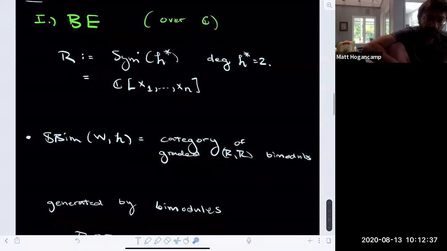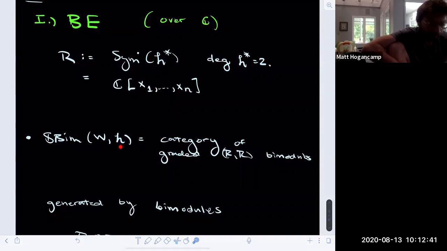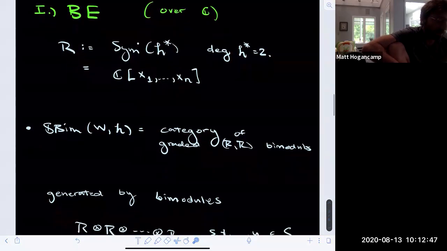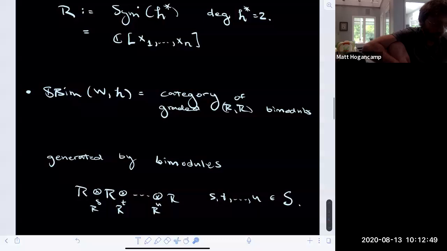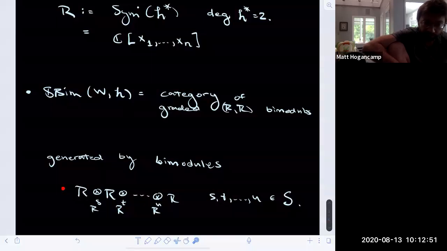So SBim, the category of Soergel bimodules, depending on the Coxeter group and its realization, is a subcategory of graded bimodules over this ring. And it's the subcategory generated by bimodules of this form. These are called Bott-Samelson bimodules. They're just tensor products of copies of R, and then the intermediate rings are these guys, R^s, R^t, R^u, where s, t, u are simple reflections.